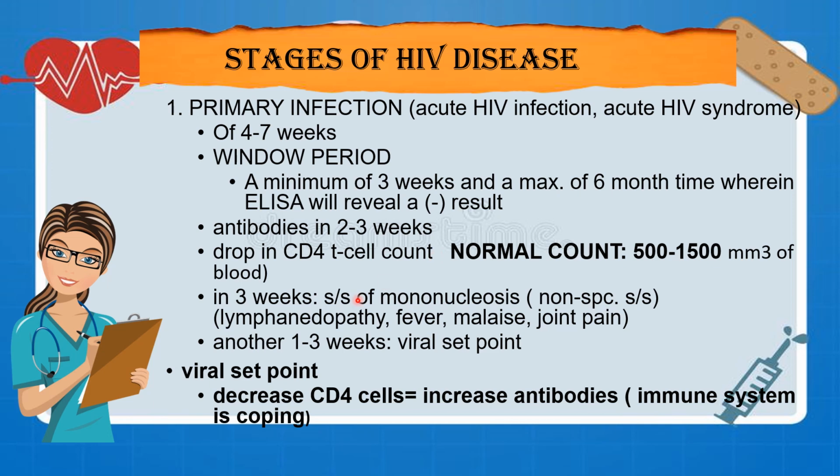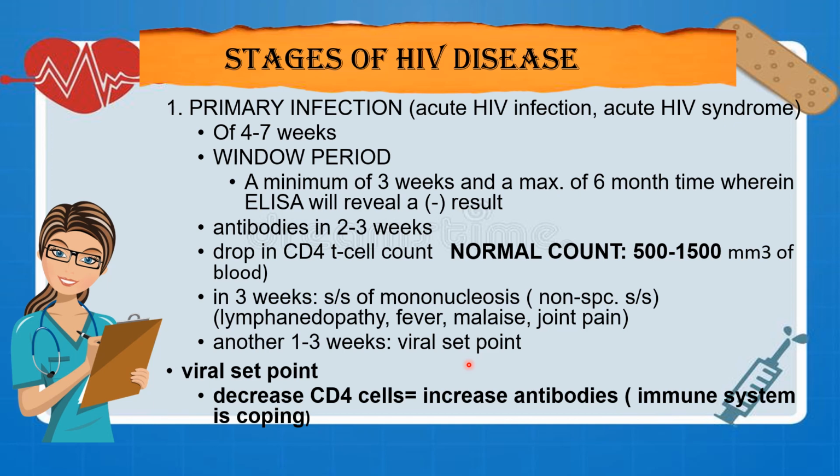About 40% to 80% of the patients develop clinical symptoms of a non-specific viral illness that includes lymphadenopathy, fatigue, malaise, and joint pain that last about 1 to 3 weeks or the viral set point.